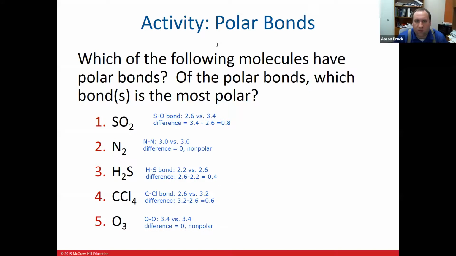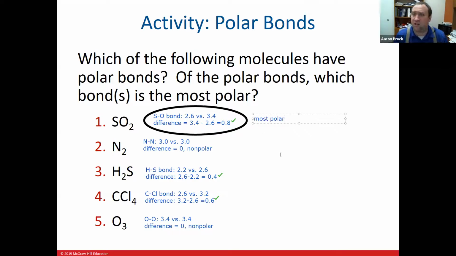Of the three polar molecules, we can evaluate that this one's polar, this one's polar, and this one's polar. Of the three, the bonds in SO2 are the most polar, given that they have the largest electronegativity difference.